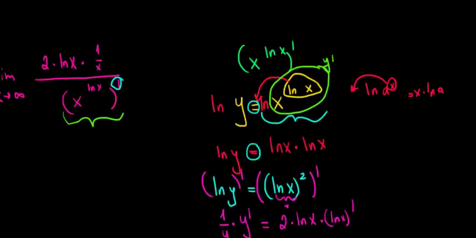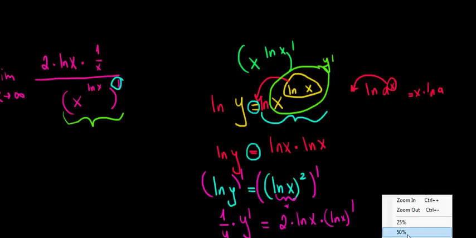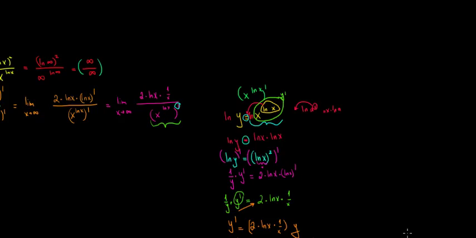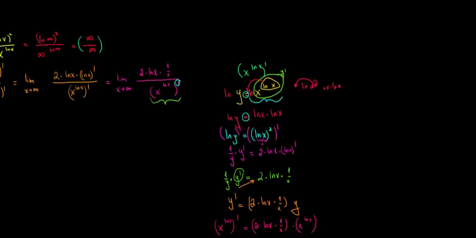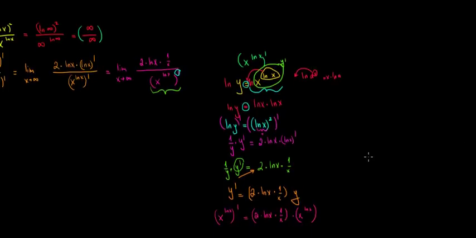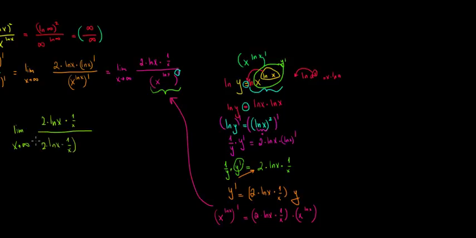So let me zoom out so we can see better. We're substituting this thing into our limit, which means that now we can write this limit as the limit as x approaches infinity of 2 times ln x times 1 over x divided by 2 times ln x times 1 over x multiplied with x to the power ln x.